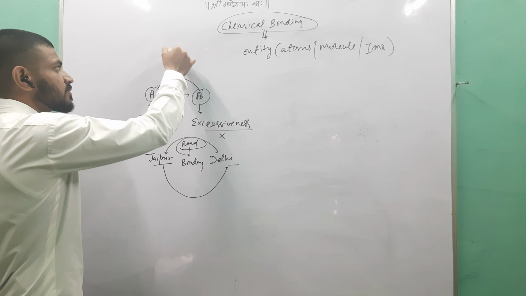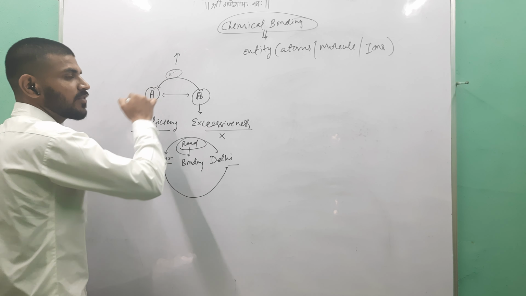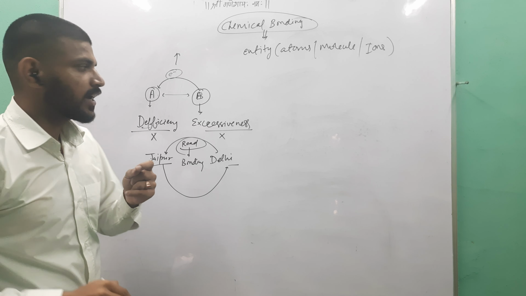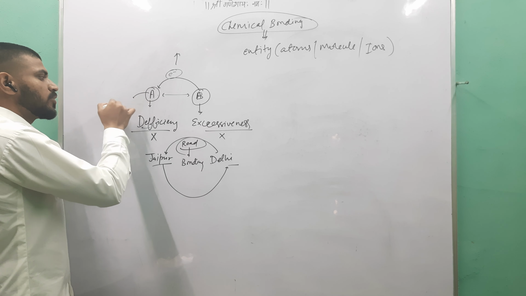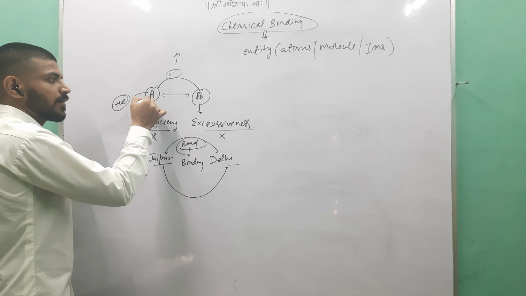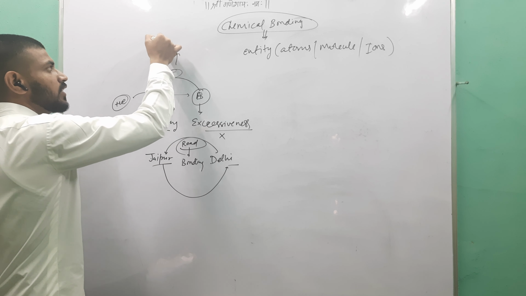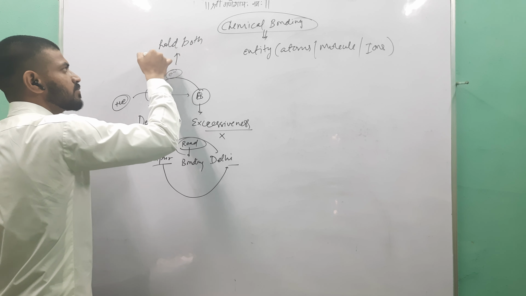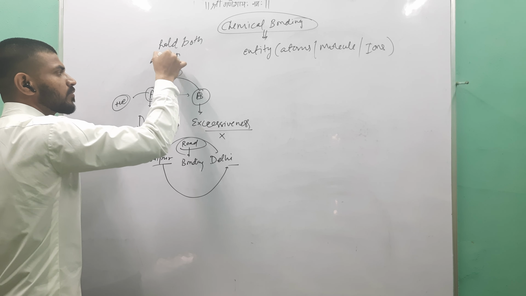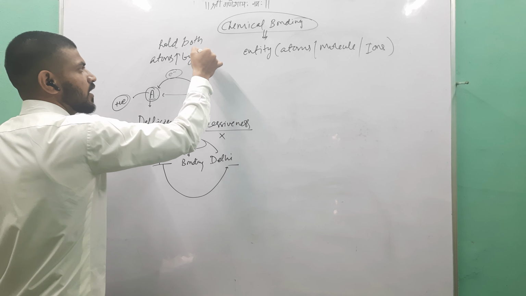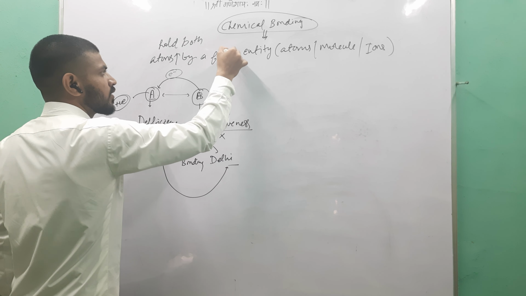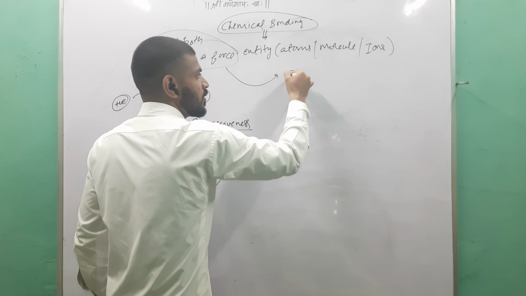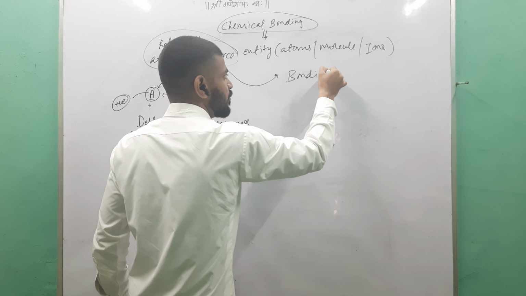An electron has the negative charge, and the atom nucleus has positive charge. So the electron will hold both atoms by a force, and that force is called bonding.